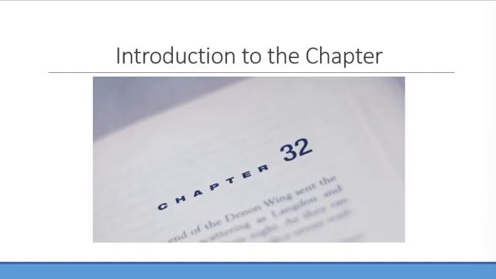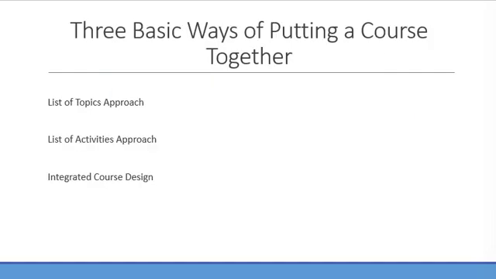If you accept the associated premise that higher education is and ought to be moving toward a learning-centered approach, then this question arises. How can teachers do a better job of creating significant learning experiences for our students? So we've got to put a course together.